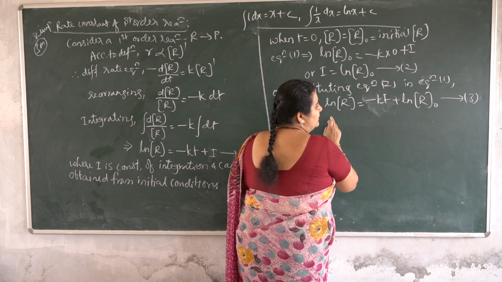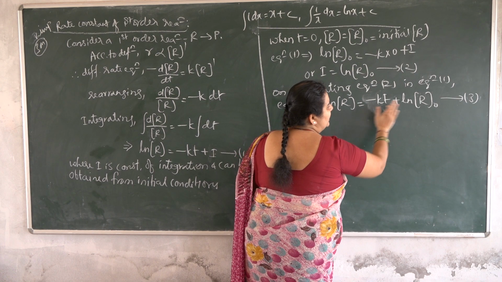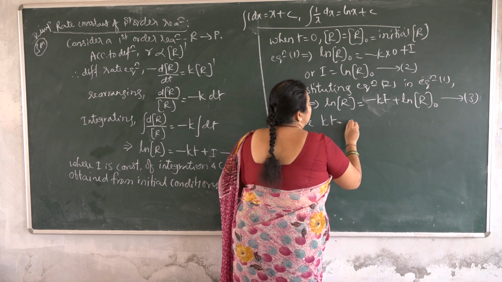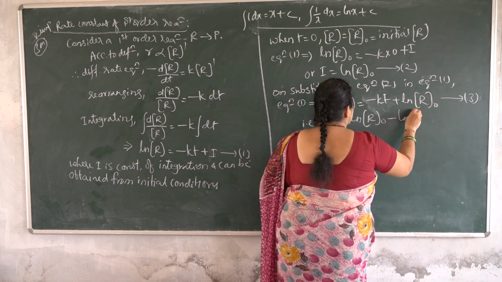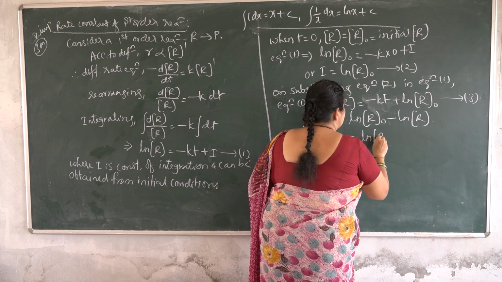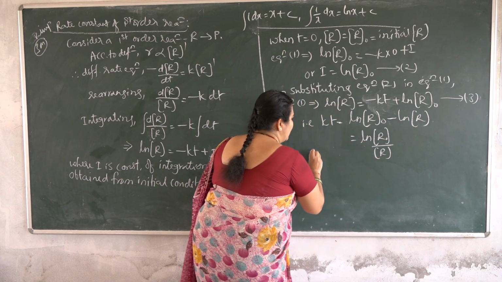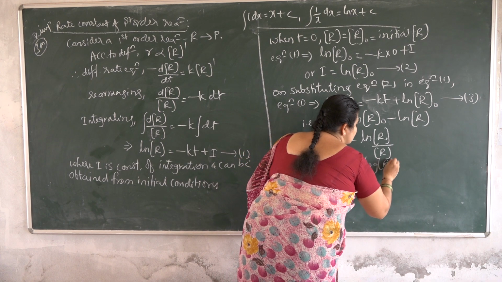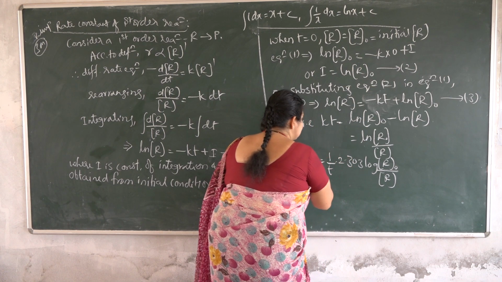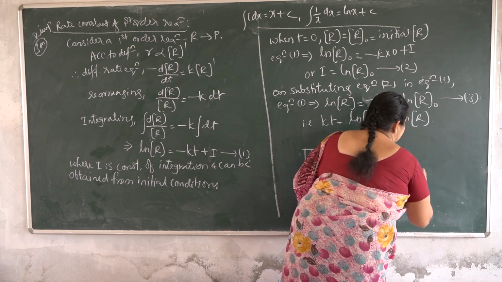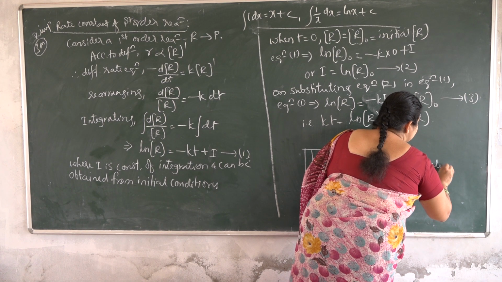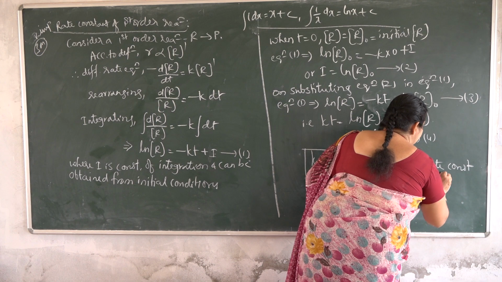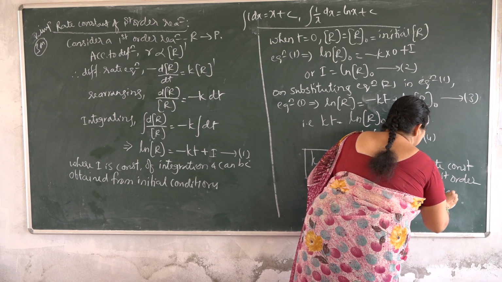If I bring kt to the other side, this term remains here and that term becomes negative, so kt is equal to ln R naught minus ln R, or it is ln of R naught divided by R, or k is equal to 1 by t, 2.303 log of concentration R naught divided by R. This is equation 4, the rate constant for a first order reaction.